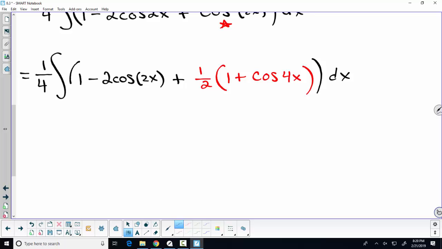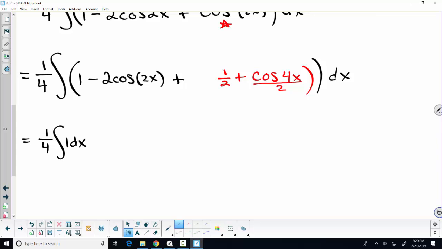Yeah, so let's just kind of keep it safe here. We've got this 1/2, both of these. So let's just do it this way. We still have the original 1/4 that's up front. So let's just look at these as individual. We've got 1/4 times the antiderivative of 1 dx.